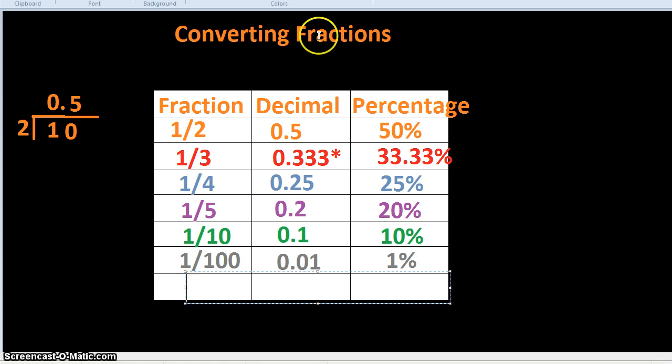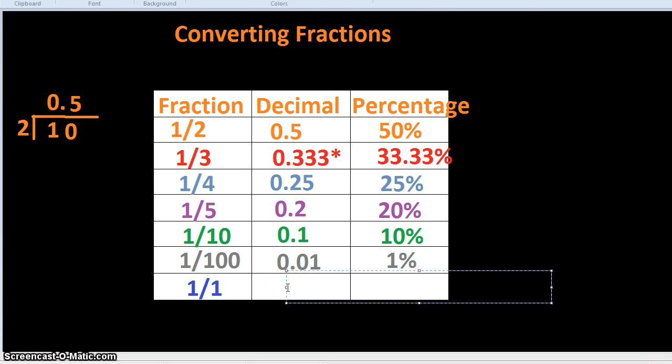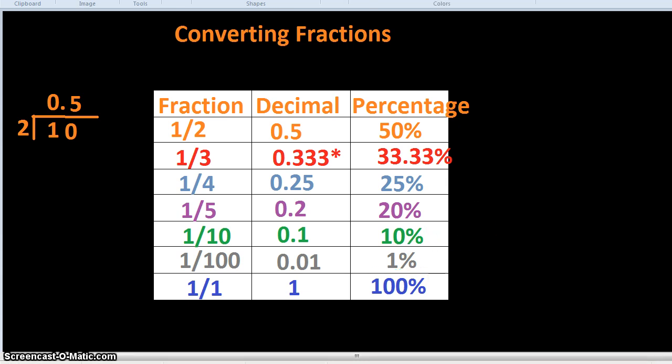What about, in blue, what about 1 over 1? Well, as a decimal, that just equals 1 divided by 1 just equals 1. And as a percentage, if we multiply by 100, what do we get? We get 100%. So that's a brief introduction to the very fascinating and very useful topic of converting fractions.